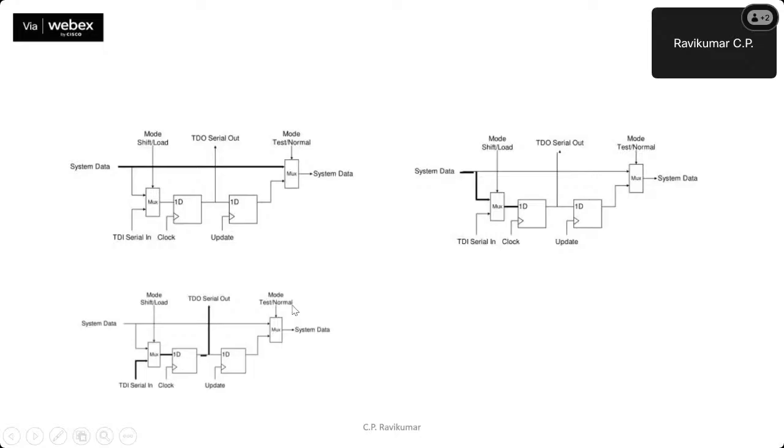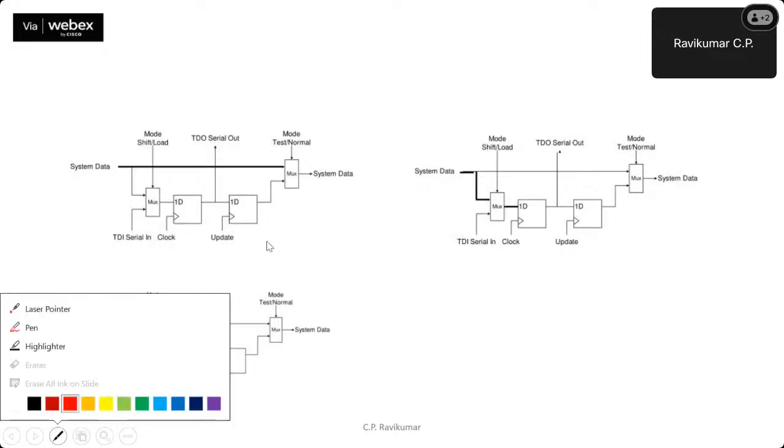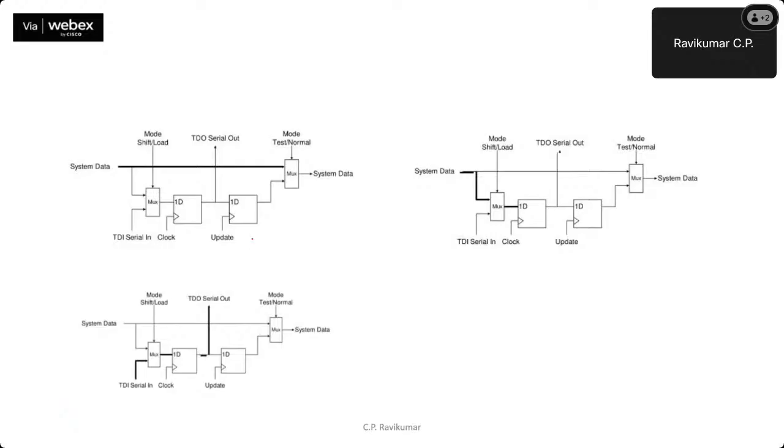And this one is the capture mode, right? So the data from the core logic gets captured here. Okay, I think I made a mistake. Let me write it properly. So this is the normal mode.